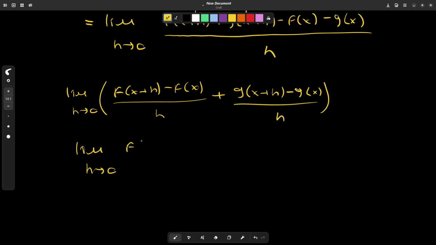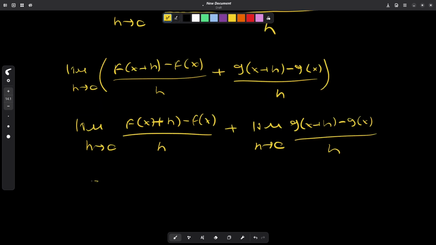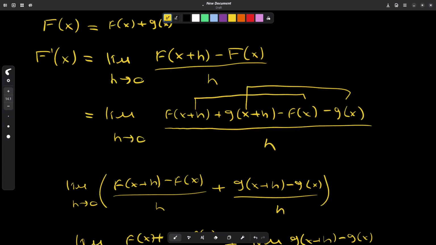So we can write this as the limit of f(x+h) minus f(x) over h plus the limit of g(x+h) minus g(x) over h as h approaches 0. And clearly, that is f derivative of x plus g derivative of x, right? So we can say it holds. I'm just gonna leave it like that.